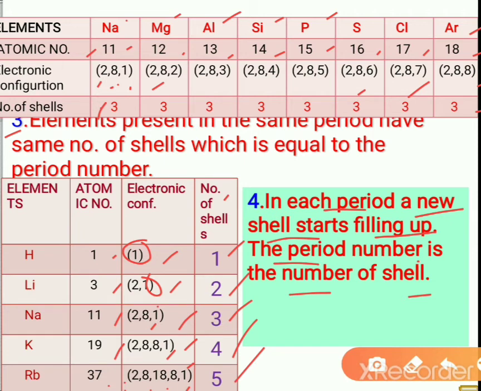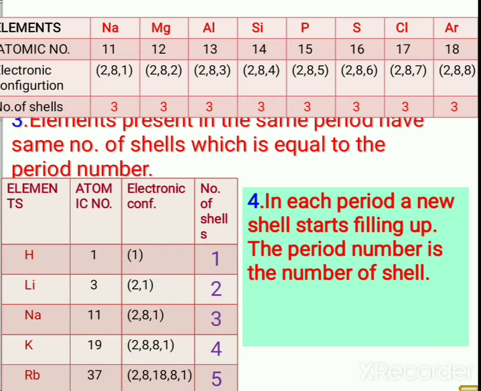So from this observation, we can say that in each period, a new shell starts filling up. The period number is the number of shells. It means the number of the period, that is first period, second period, likewise, is the same as the number of shells.